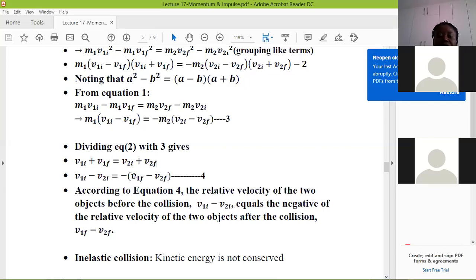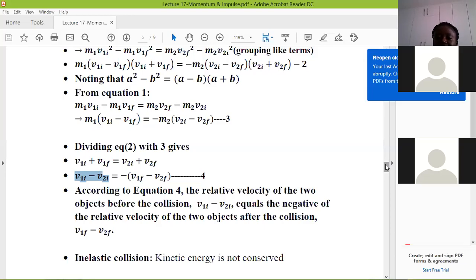So if we do that, then it means that the relative velocity, the change in velocities of the two objects before the collisions, is equal to the negative velocities of the two objects after the collisions.